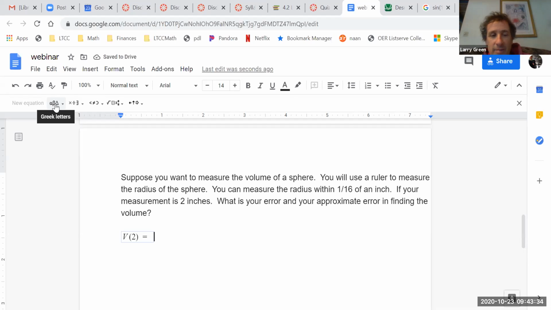So how do you get the volume? Let's not worry about the error yet. We're just getting the volume.